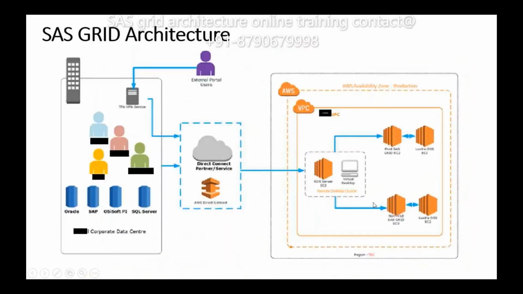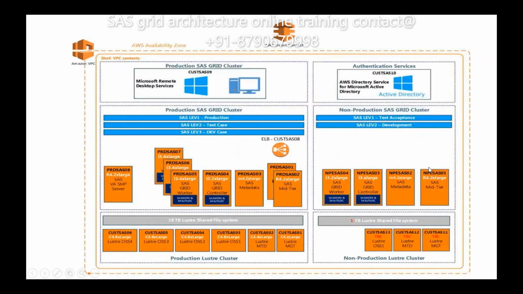As in the earlier one, we have multiple tenants connecting to the same environments. Similarly, on the same server, we also created different levels. One is for production, one is for test, one is for dev, and in the non-production again two levels: one for acceptance and one for development.